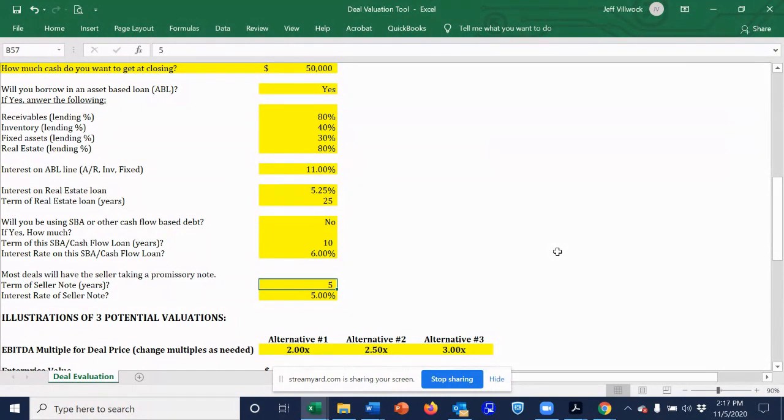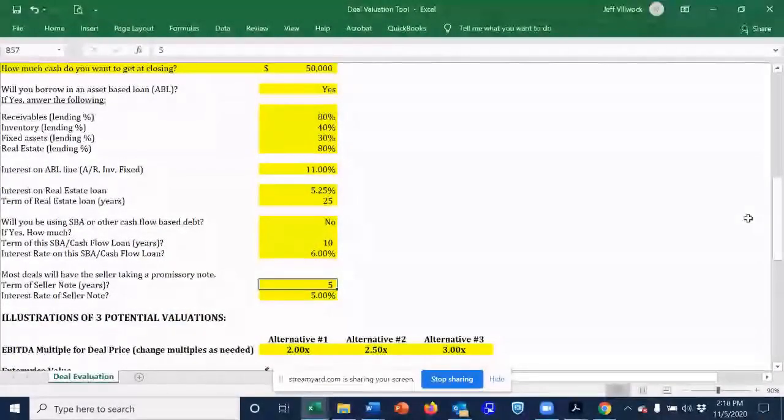If the seller wants to sell his business, and let's say he takes back a loan, and I've assumed here it's a 5-year note at a 5% interest rate, that's not a bad deal. That's not a bad deal for him at all. In fact, it helps him on his taxes, because now that part of it is an installment sale.